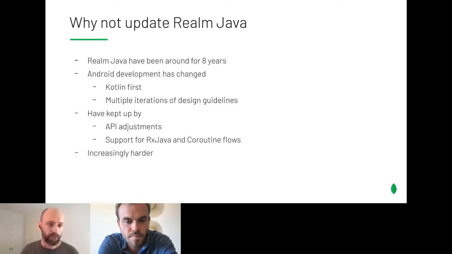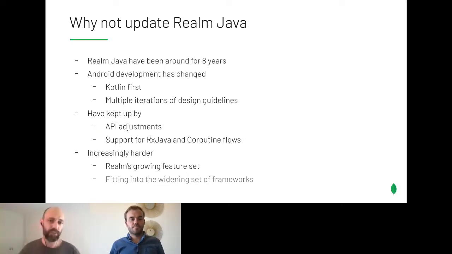But keeping up has become increasingly harder, not only because of the growing feature set of Realm itself, but also because of trying to constantly fit into this widening set of frameworks. So we thought it was a good time to reassess some of these key concepts of RealmJava.